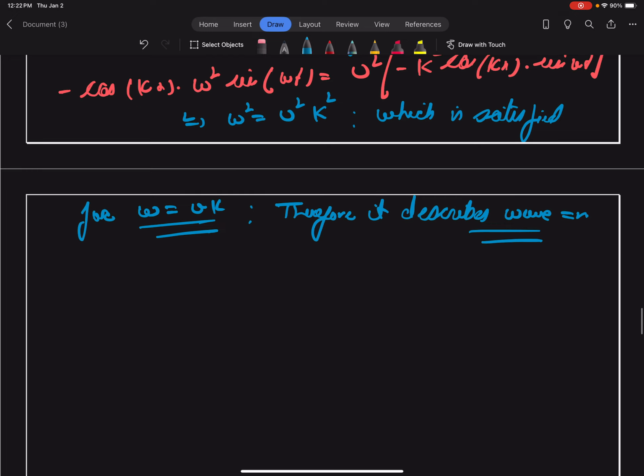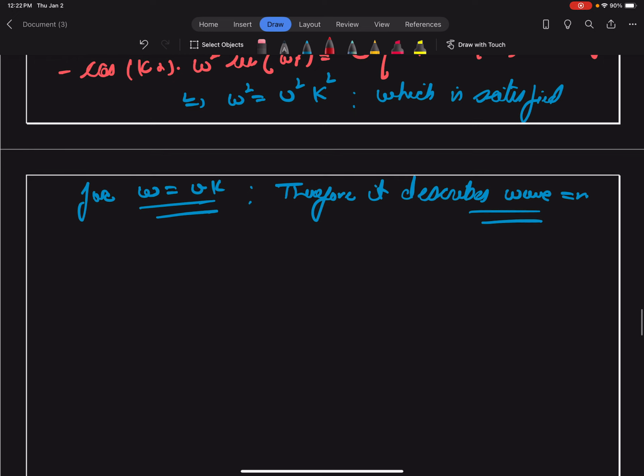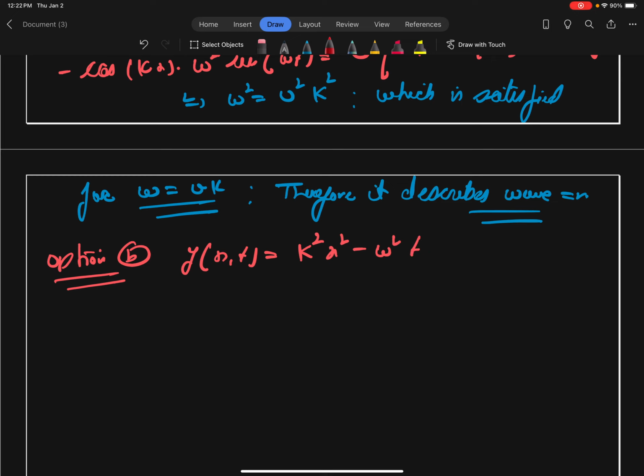Now, same thing we are going to do with option B also. Option B is given as y of x, t is equal to kx square minus omega square t square.